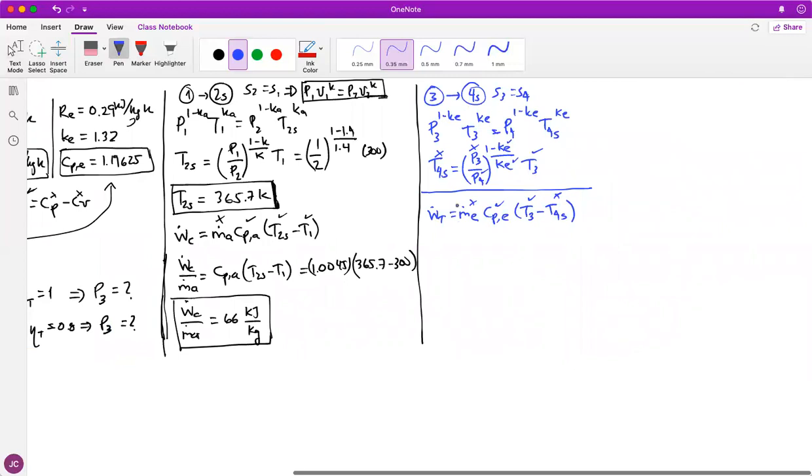Now, when I was doing this 1 to 2s, I didn't need that information. When I'm doing 3 to 4s, I don't need that information. But now I needed that information. Look at it. So what I can do here is this.